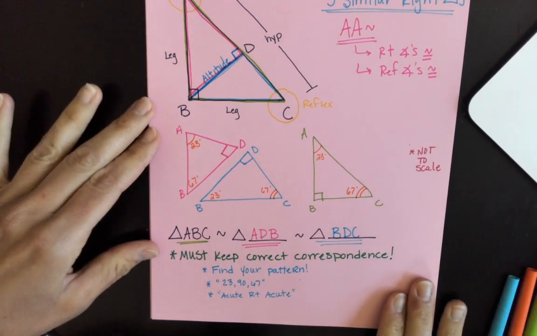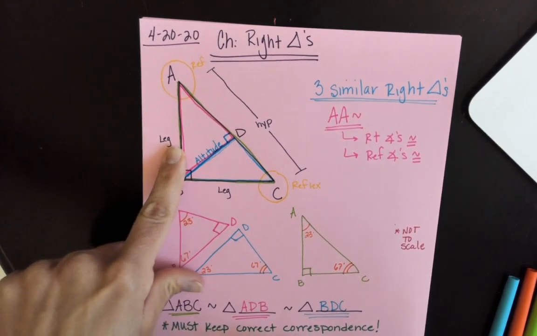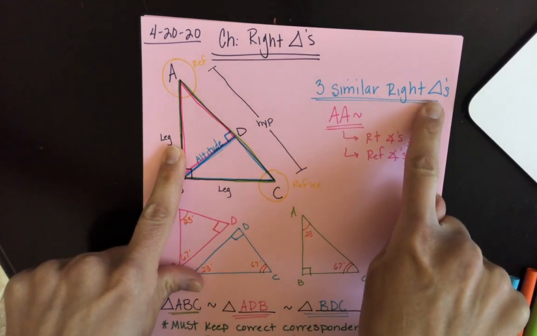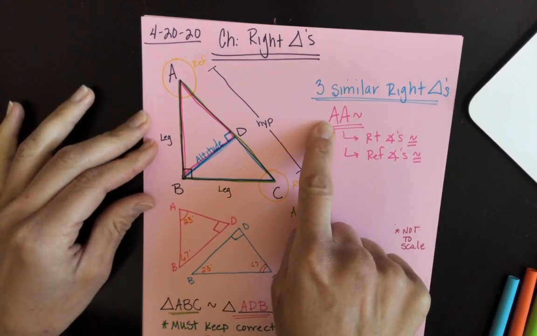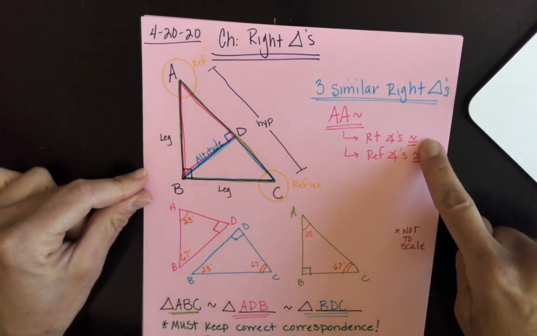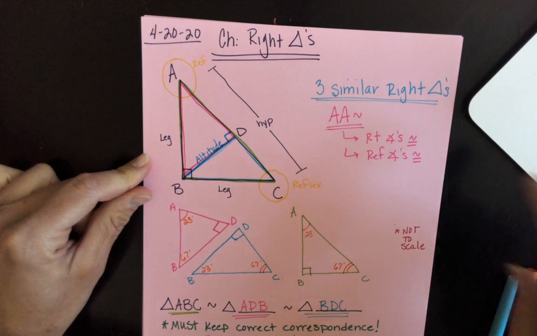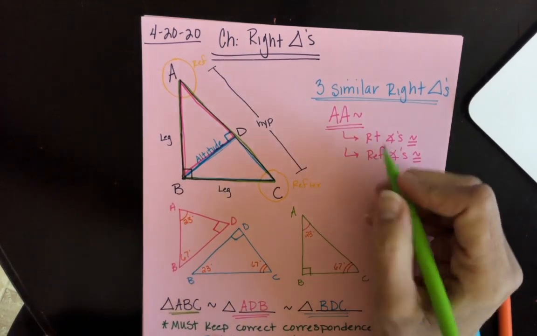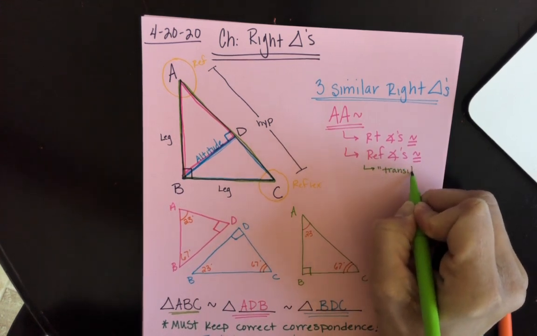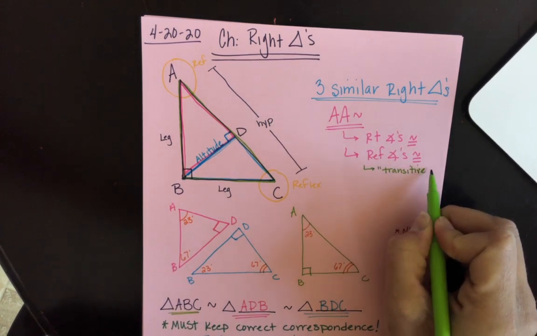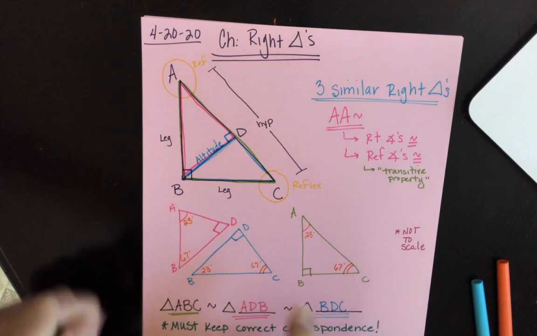So before we push forward with the rest of this, I want to make sure that we recognize that the minute we put an altitude in this original right triangle, it will create 3 similar right triangles. The way they are always similar is by angle, angle. Angle, angle similarity comes from our right angles being congruent, our reflexive angles being congruent, and a type of transitive situation to get the smaller ones to be similar.